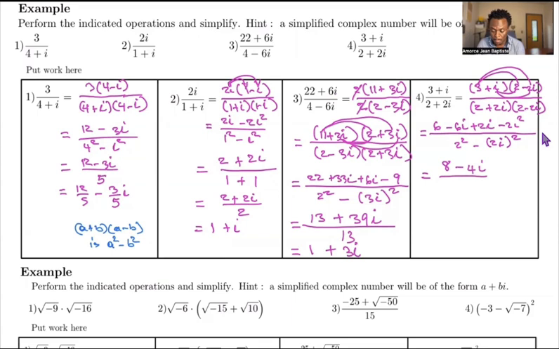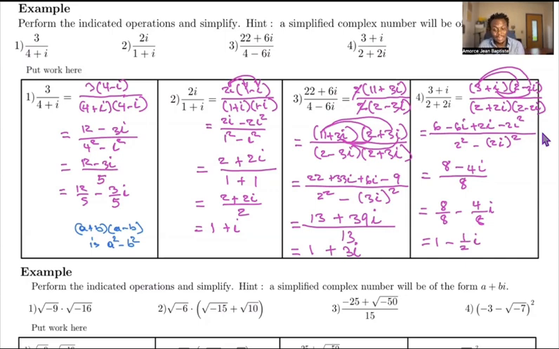Denominator is 4 minus 4i squared, which is negative 4 times negative 1, positive 4, plus 4 is 8. The bottom is just 8. We can separate the denominator, 8 over 8 minus 4 over 8i, simplify, 1 minus 1/2 i.